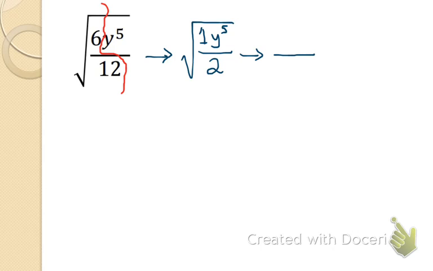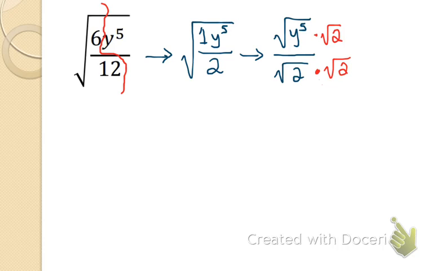I'm going to use the quotient property. Now there's no need to have that 1. There's no need to be so extra. So I'm going to remove it and split them up. Once again, we don't want radicals as a denominator. So we're going to multiply both top and bottom by the square root of 2.